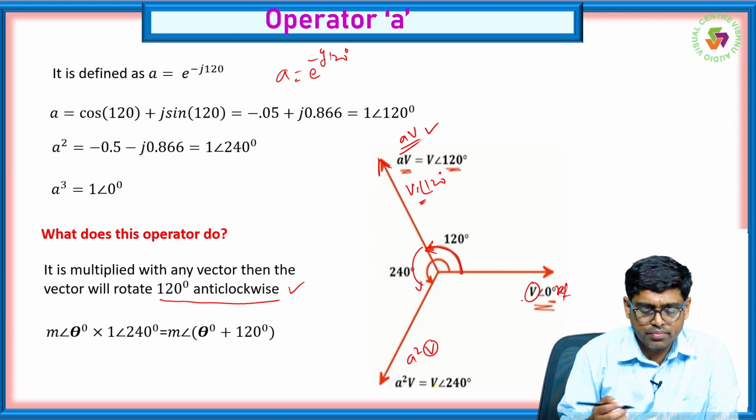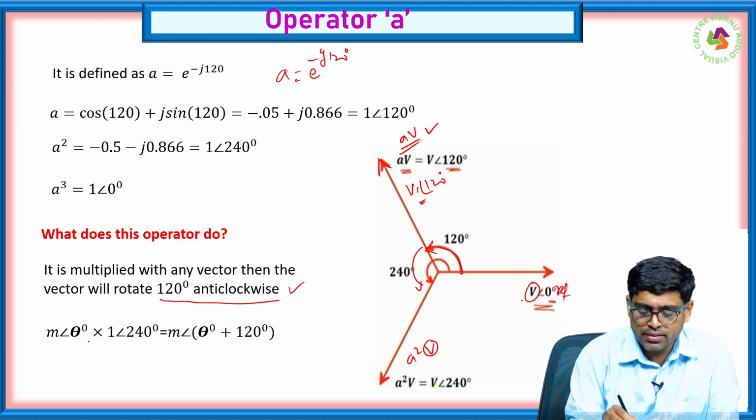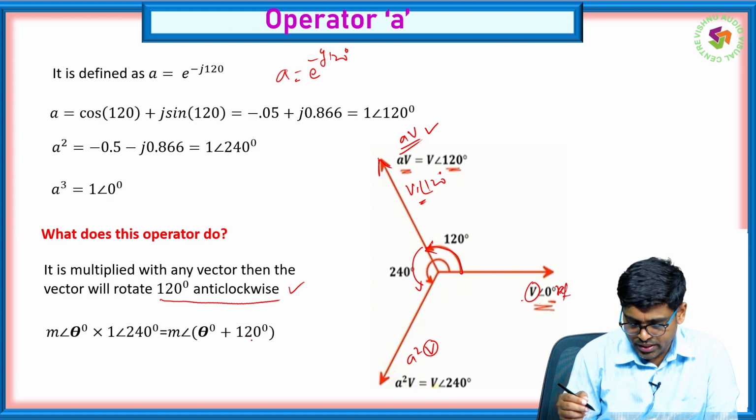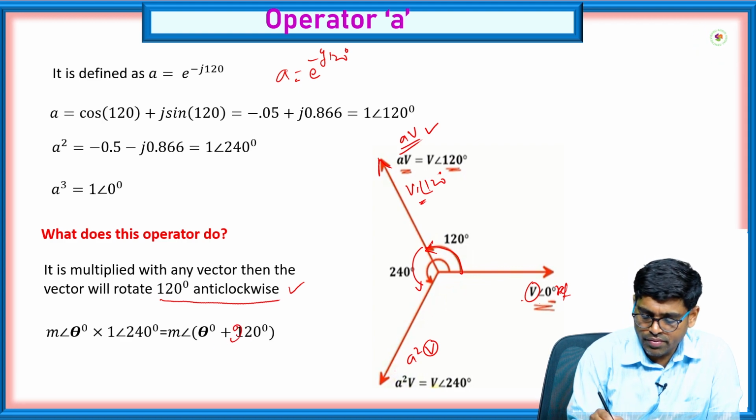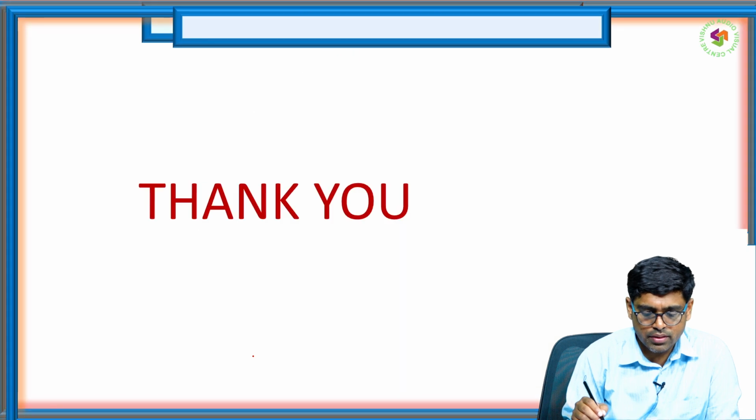Like that, for M at an angle theta, we get M at an angle of theta plus 120 degrees or 240 degrees, that is 1 at angle 240 degrees.